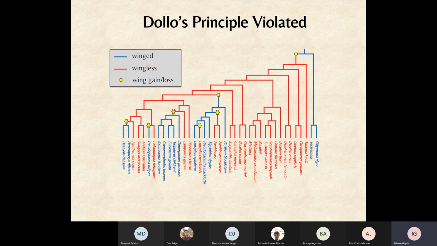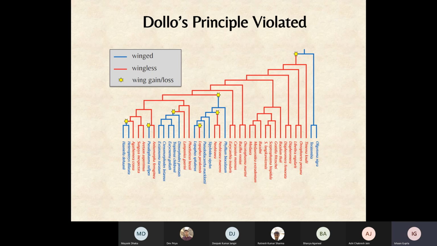Here is a slightly older example when this happened. This is a younger example. This is also the same time as this one. This is even further ago, right? The super ancestor grandparents were wingless, then children were winged, then their children were winged as well, but one of their children, the grandchildren, became wingless. So in evolution, this is not necessarily always the case when you are talking about physical characteristics. I think this is what you were talking about, Ratnesh, about homologous and non-homologous characters. Yes, sir, something like this.